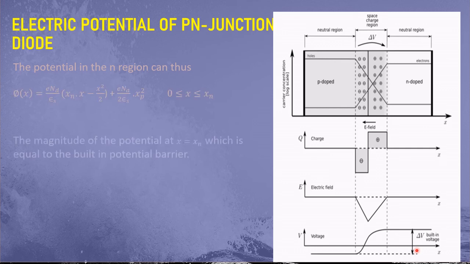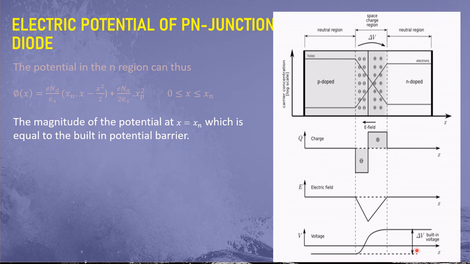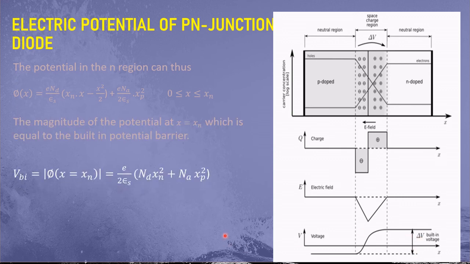The magnitude of the potential at x equal to x_n is equal to the built-in potential barrier, which we refer to as V_BI, or here delta V. So V_BI, the built-in potential barrier, is phi(x) at x equal to x_n.